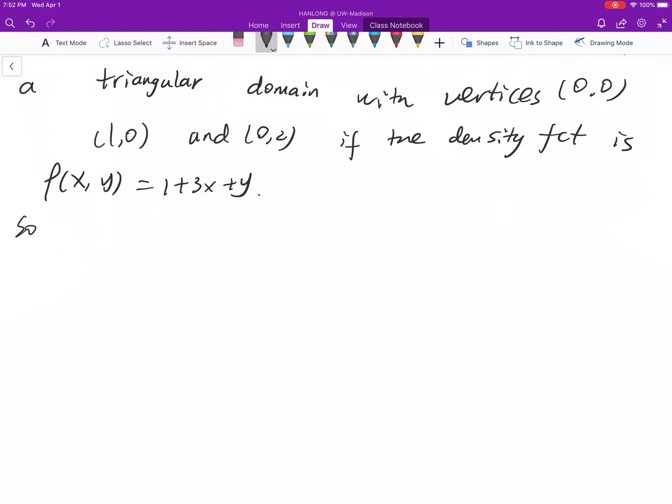Okay, let's draw the picture first. X, y, and you have 3 vertices for the triangle. The origin, and then (1, 0), and then (0, 2).